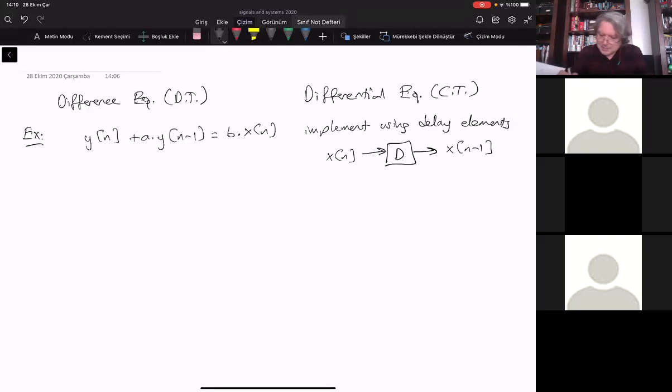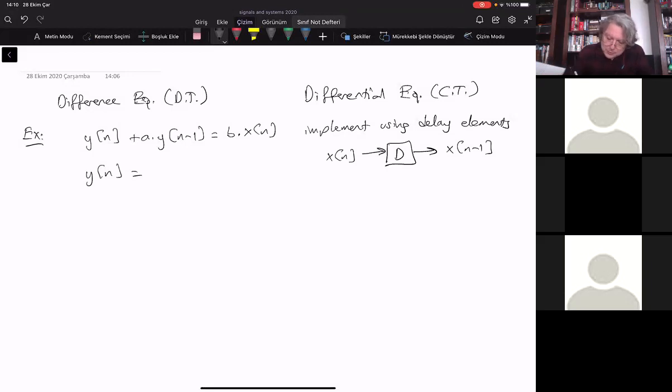So using these, how can we implement this system? Once we derive it for this simple case, you will understand the picture and you will be able to derive it for the larger ones. First of all, we have to isolate y of n because that is the output. So what is y of n?